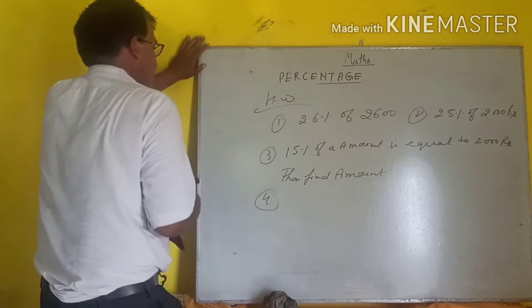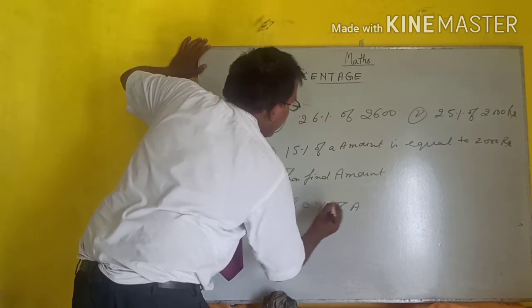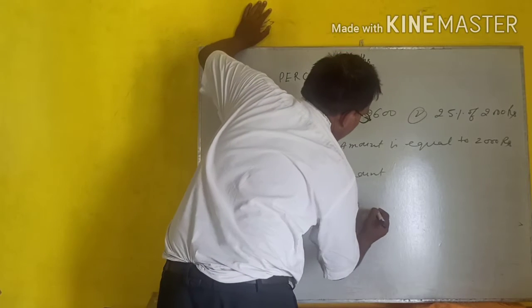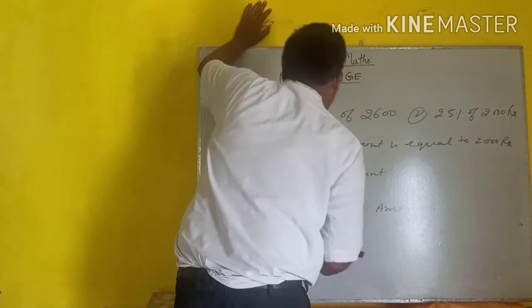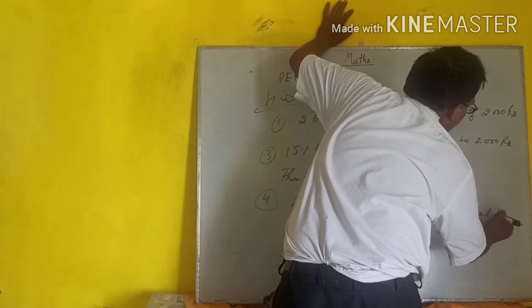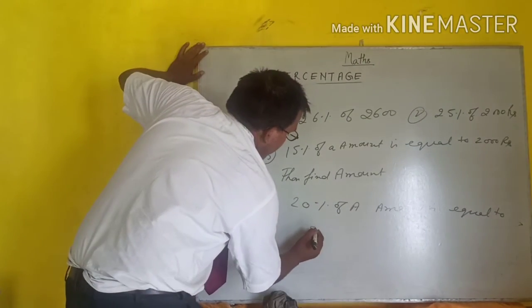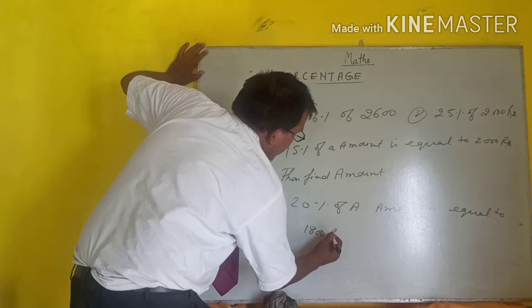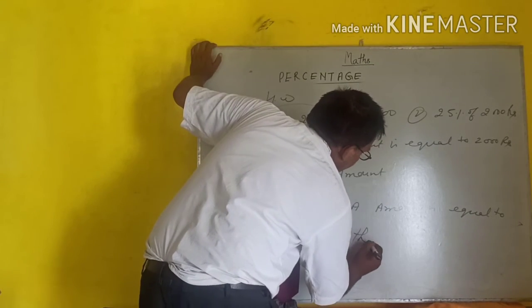Now question 4: 20% of an amount is equal to 1800 rupees, find the amount.